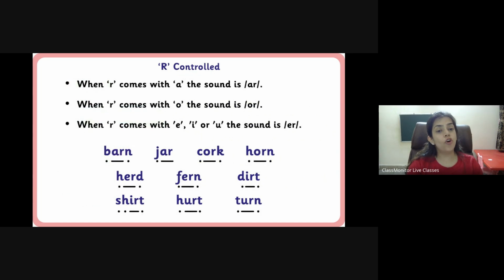So now comes your R controlled vowels. Now what happens when R comes with letter A? The sound is ar. I did not say R heavily; the sound of R is very light.